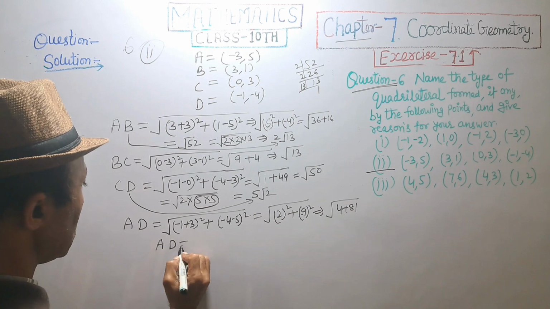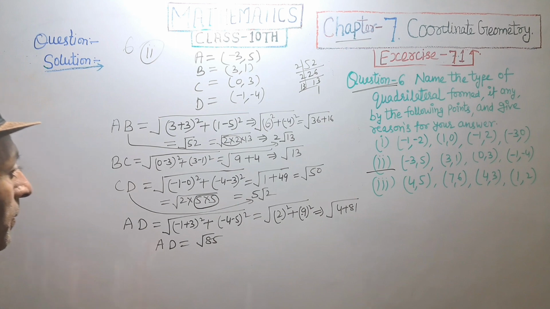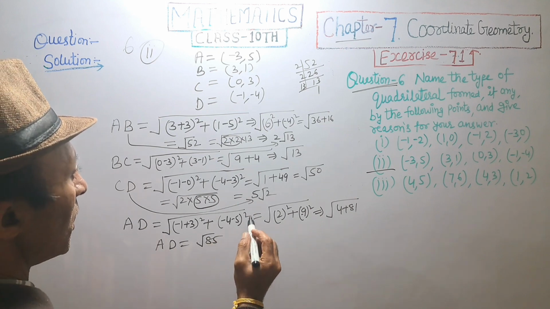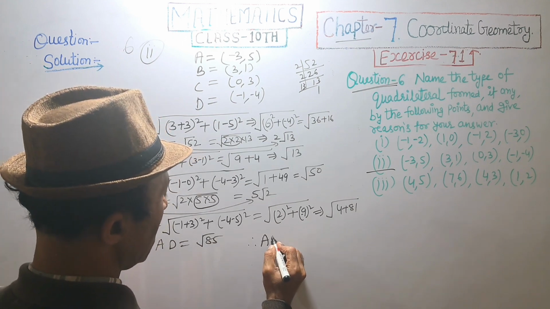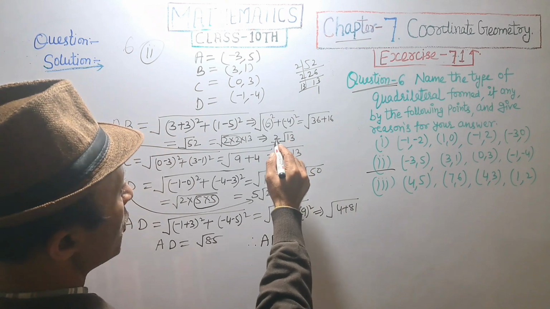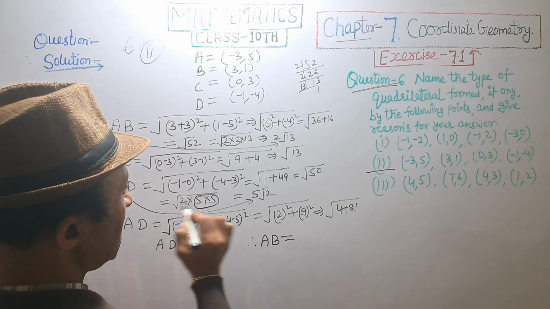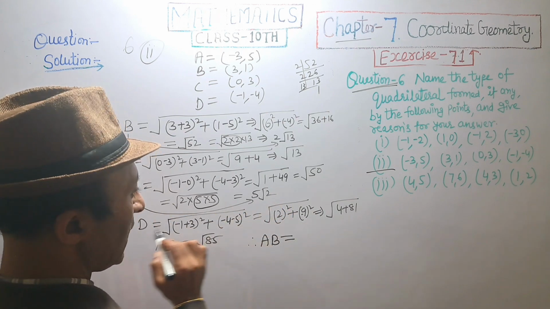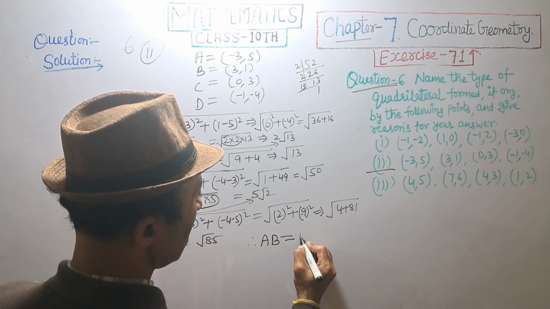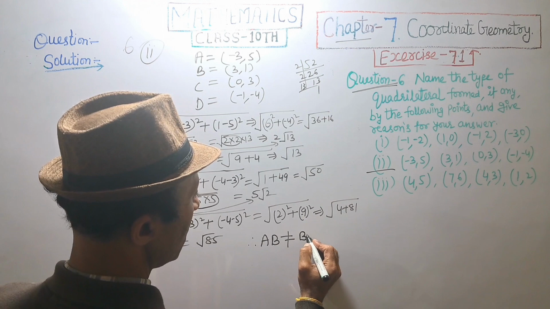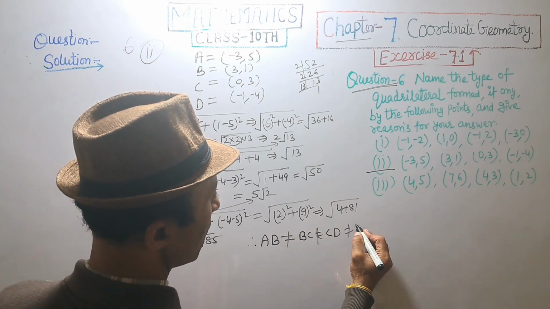So AD is equal to the square root of 85. So AB is equal to 2 root 13 and BC is root 13 and CD is 5 root 2 and AD is root 85. AB is not equal to BC is not equal to CD is not equal to AD.